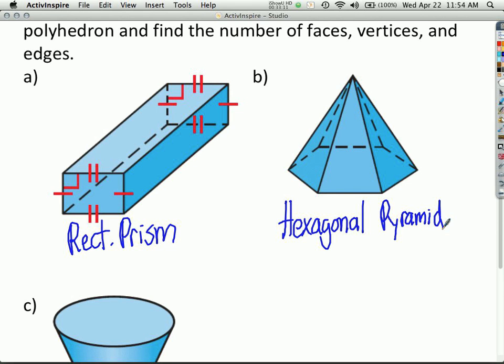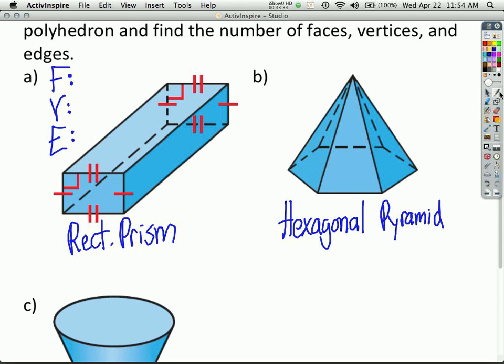All right, so let's talk about Euler. We want the number of faces, the number of vertices, and the number of edges. We can do this by counting, or we can do it partially by counting and part by Euler's theorem. It's totally fine either way.